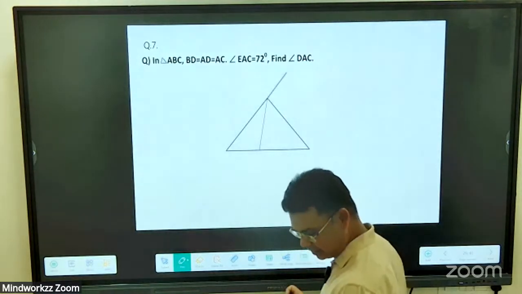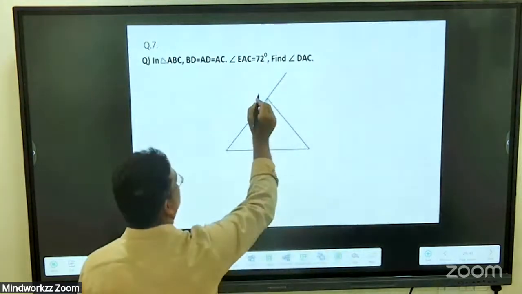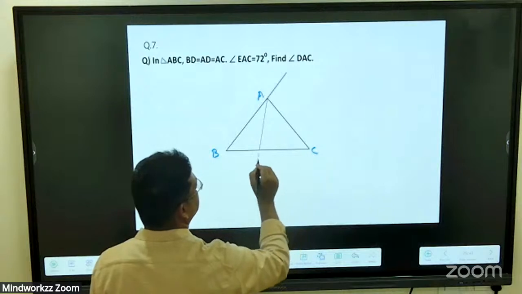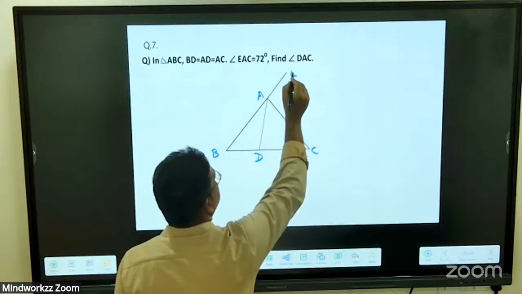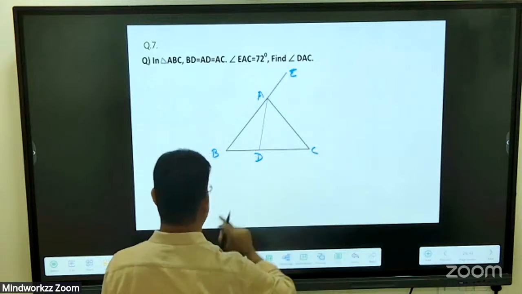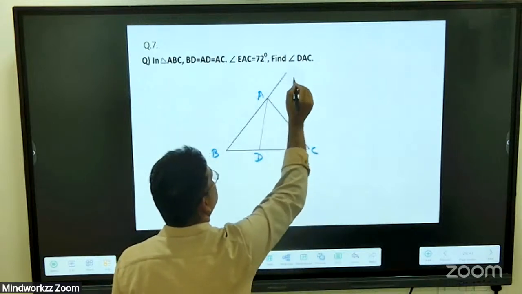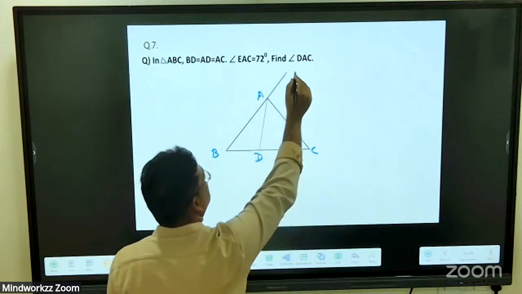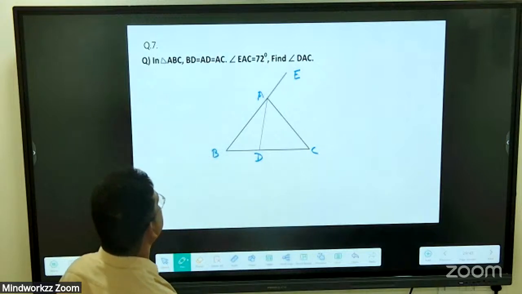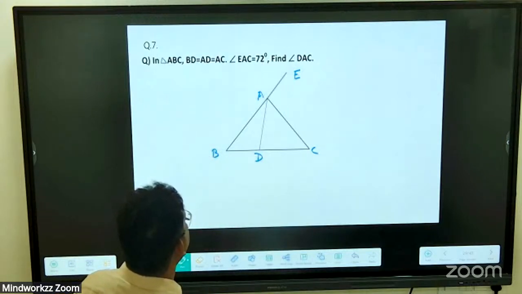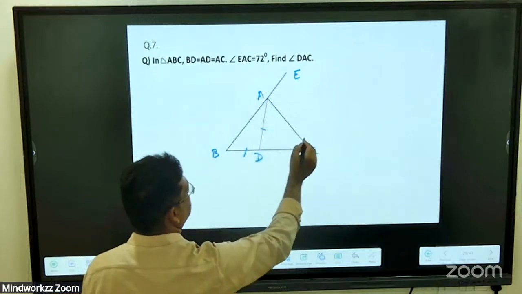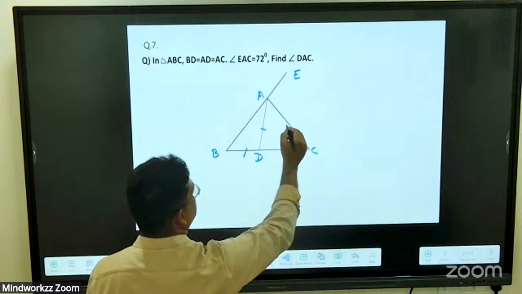The angles are marked as, this is point A, point B, C, D, and E. BD, AD, and AC are equal.